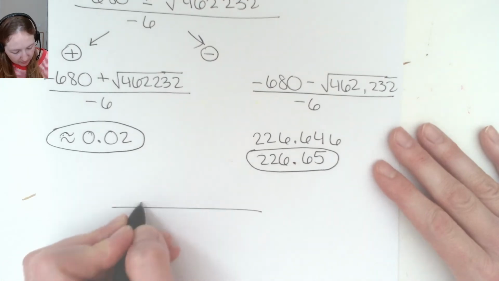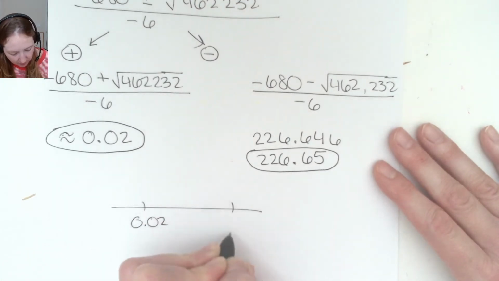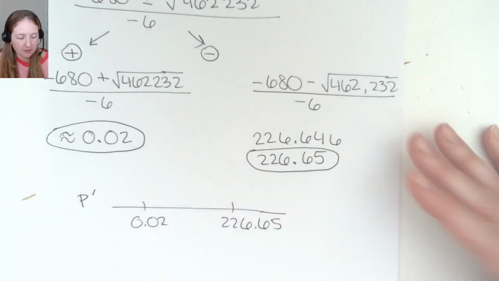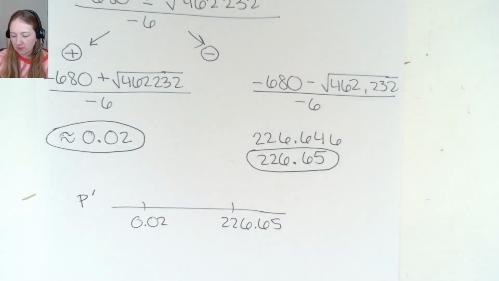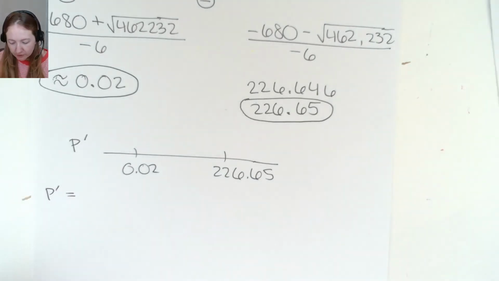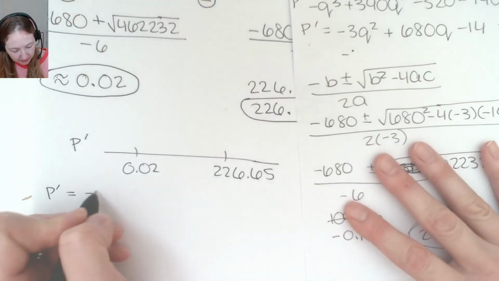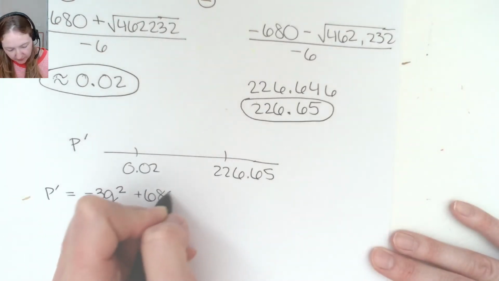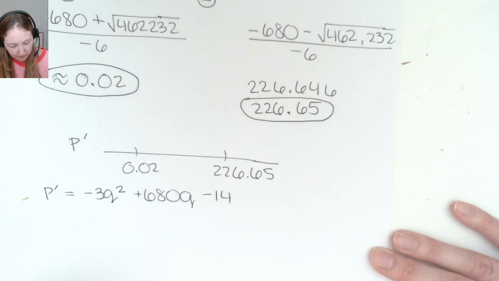So what you do is you put the 0.02 down, you put the 226.65 down, and then plug into your profit function's derivative. My profit function's derivative again was negative 3q squared plus 680q minus 14.